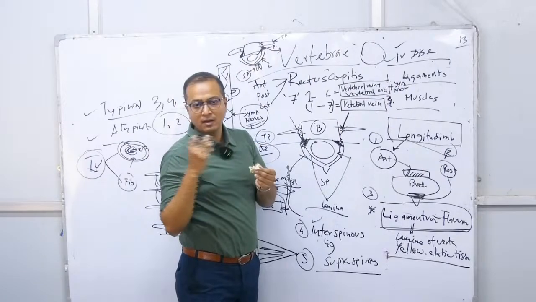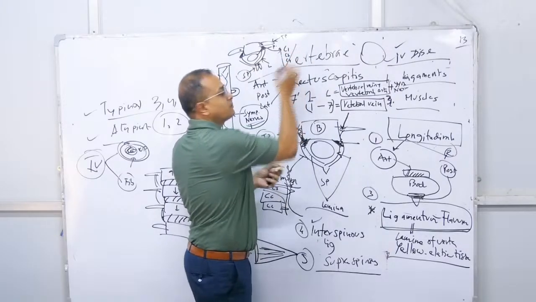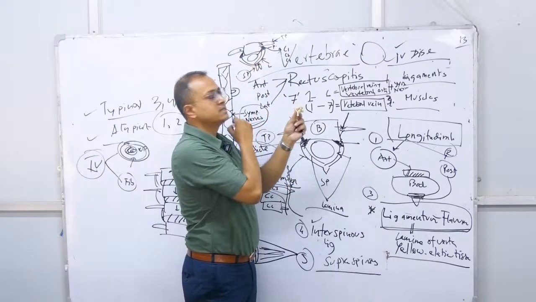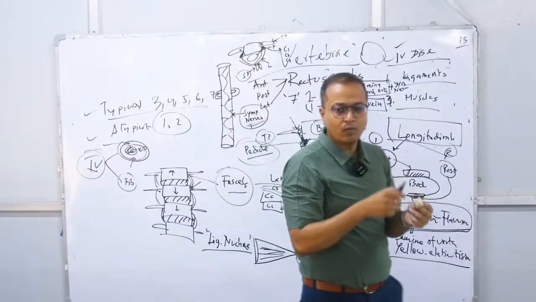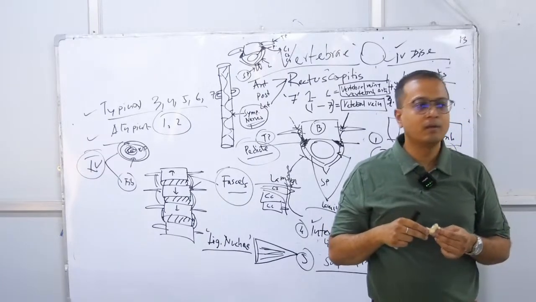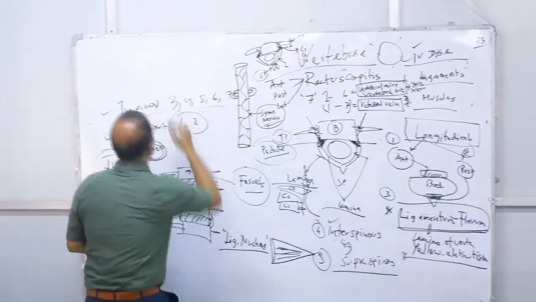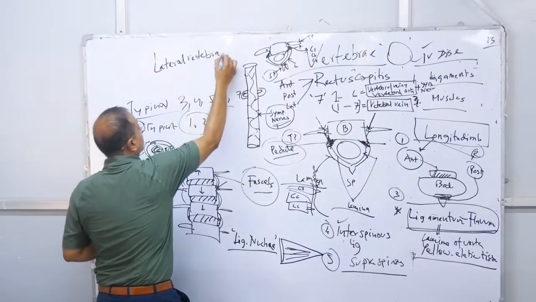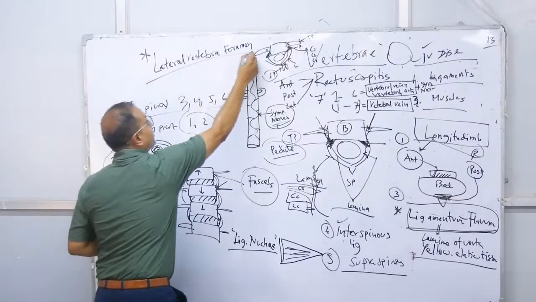The spinal nerves C1, C2, C3 exit on top of the pedicle, resting over the pedicle and exiting out from the lateral intervertebral foramen. So, the lateral vertebral foramen.